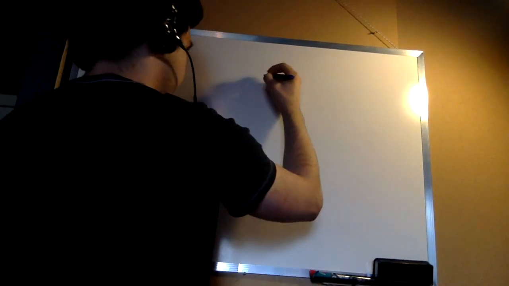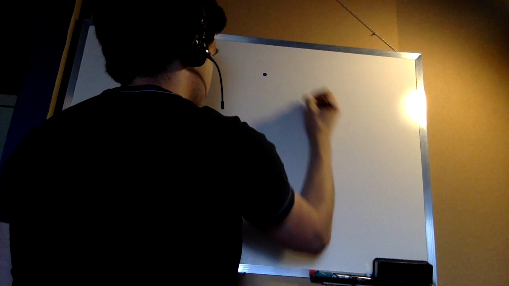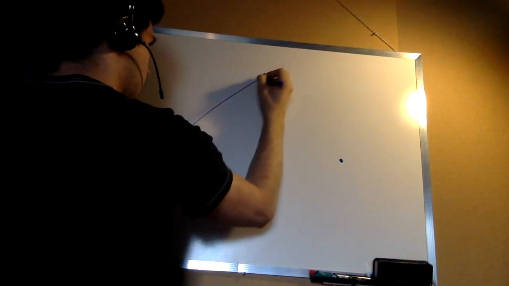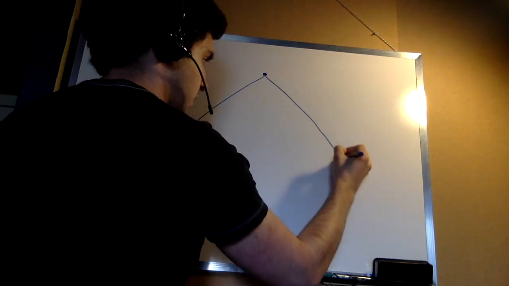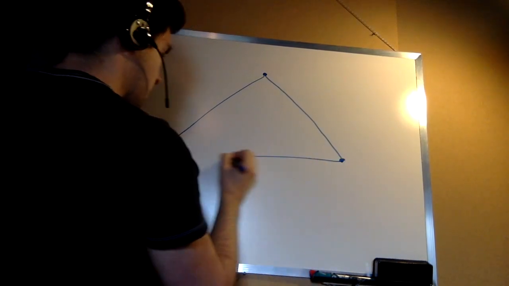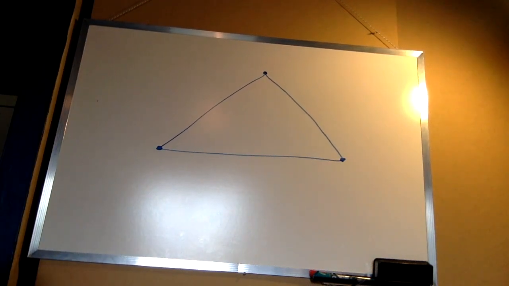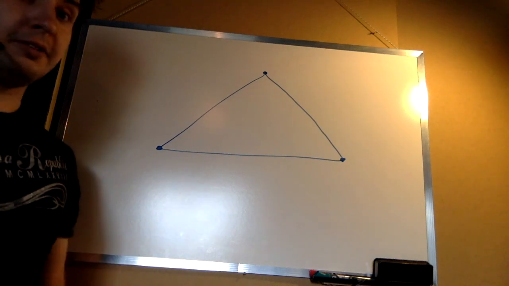Now let's look at a triangle, like literally just the shape triangle. Does this have a cycle? Or rather, does it have a triangle?